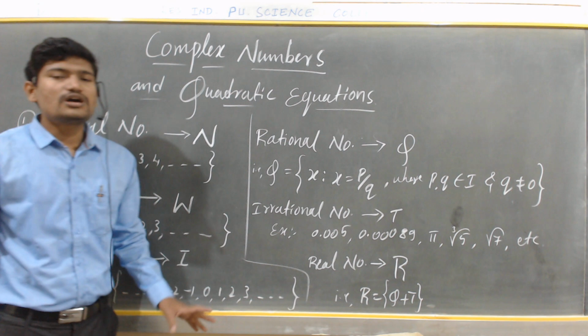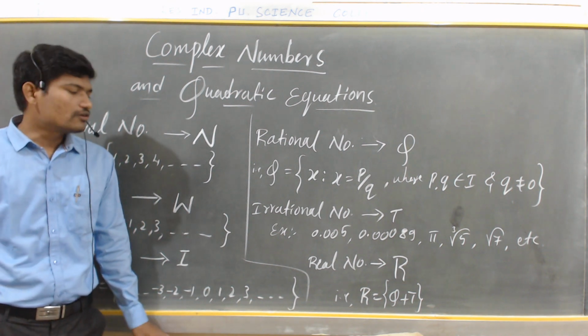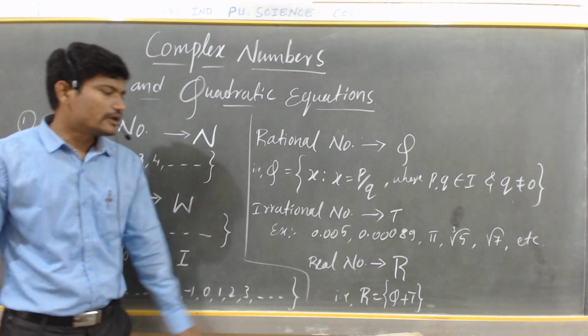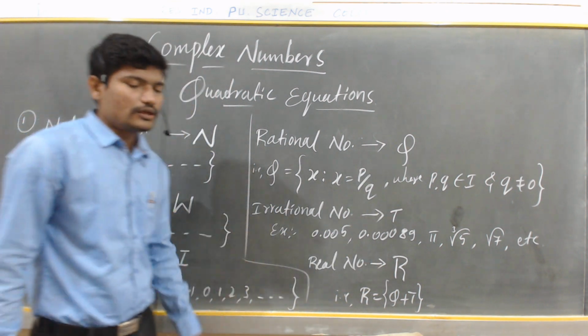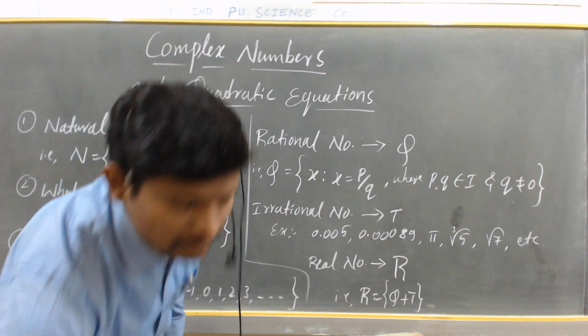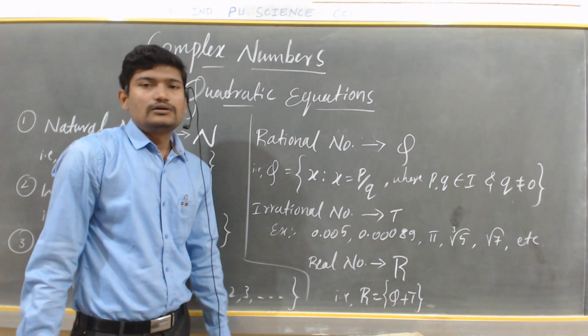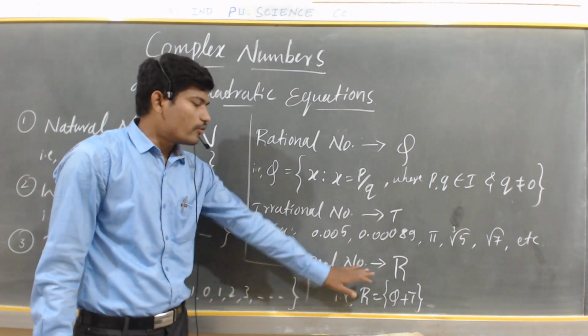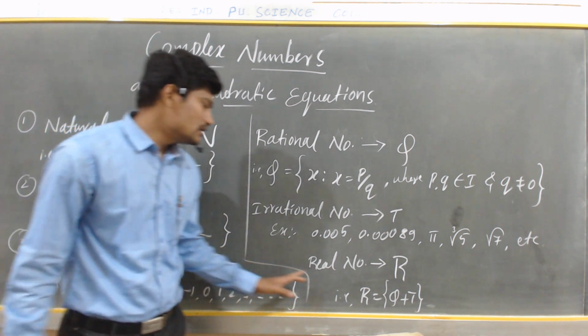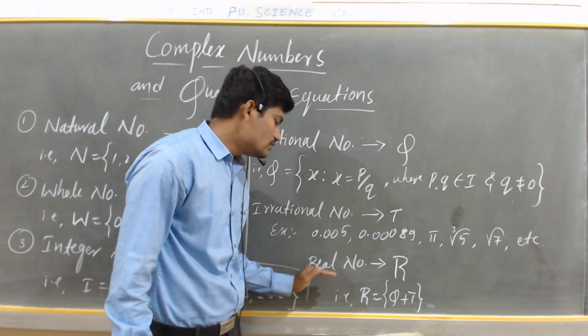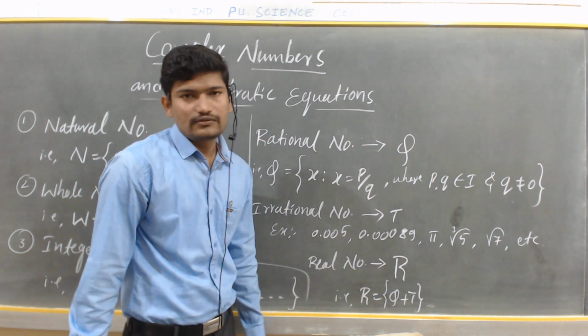The combination of rational and irrational numbers we call a real number. Don't get confused: commonly in relations we write R, but here R is the symbol of real numbers.